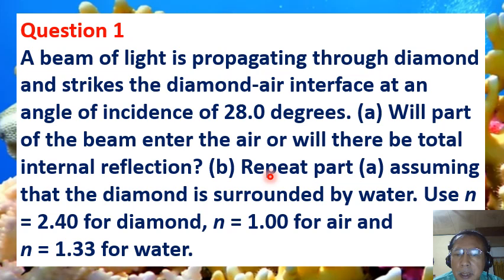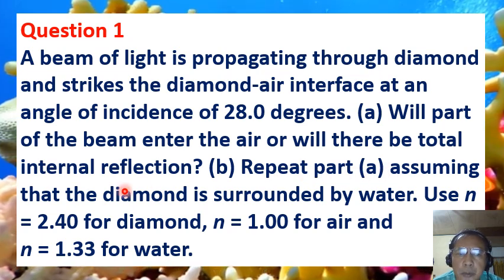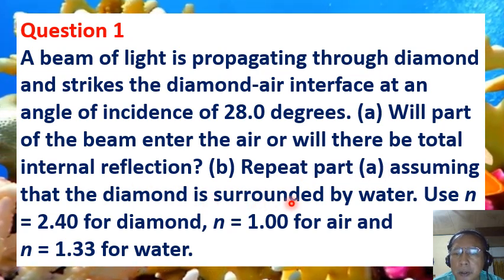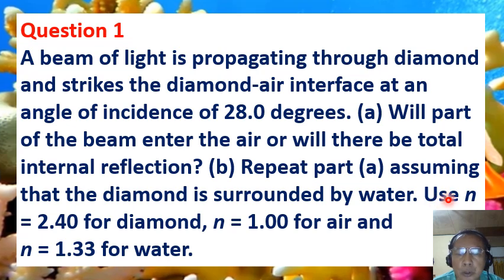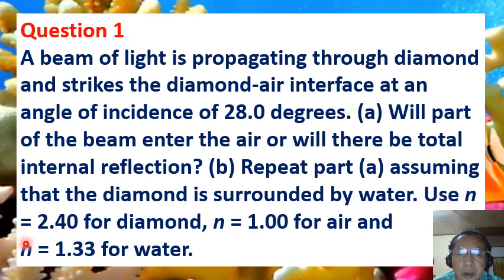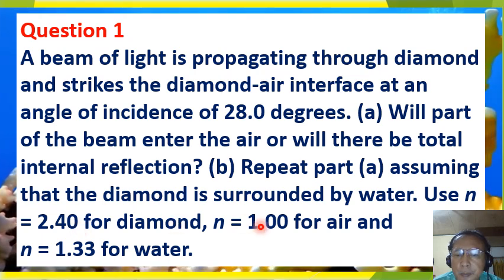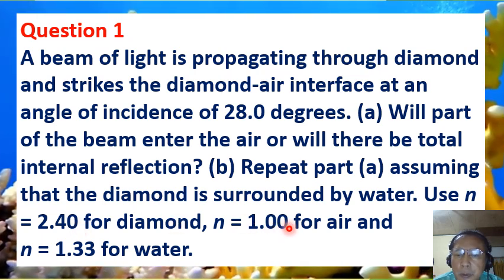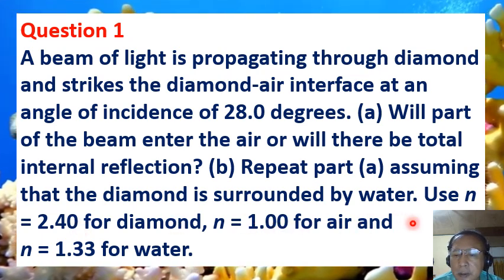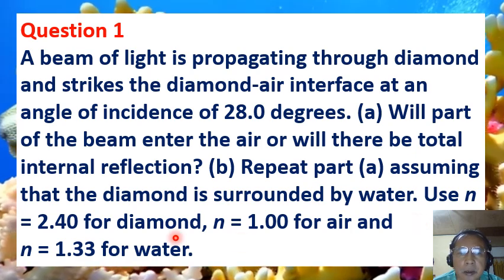Question letter B. Repeat part A, assuming that the diamond is surrounded by water. Use the refractive index for diamond equal to 2.40, 1.00 for air, and 1.33 for water.